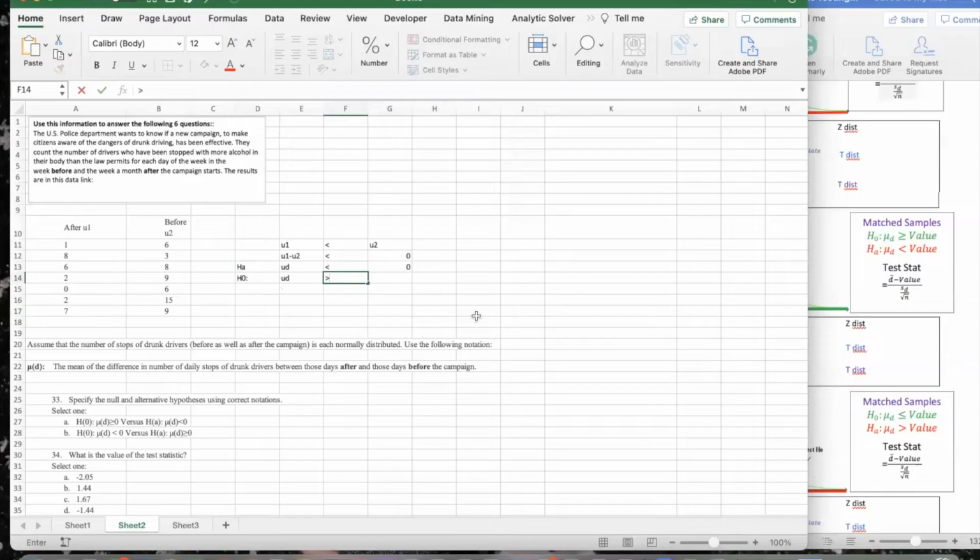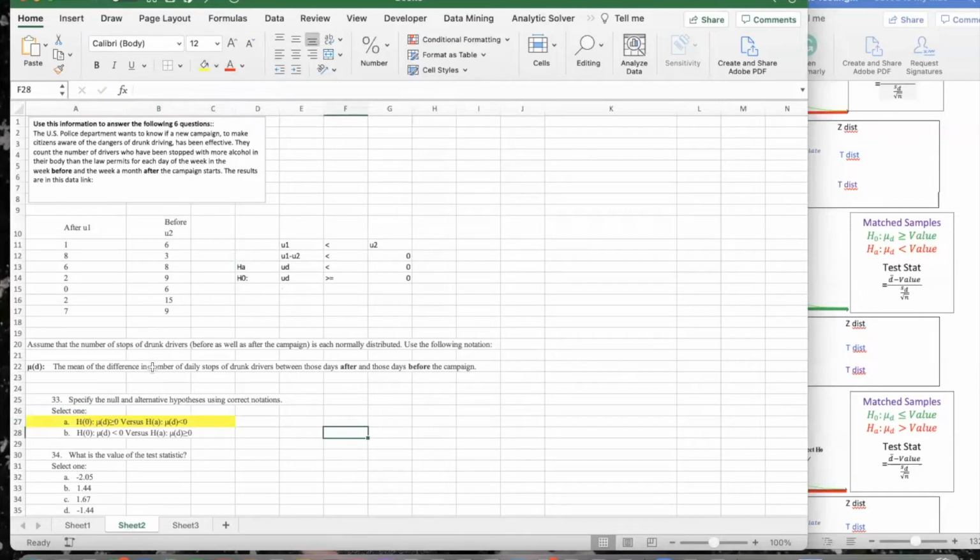And our null hypothesis always has an equals in it. So we're going to put equals and then 0. So just from this, we can get our answer to 33. So that will be A. So I'm going to mark this here.